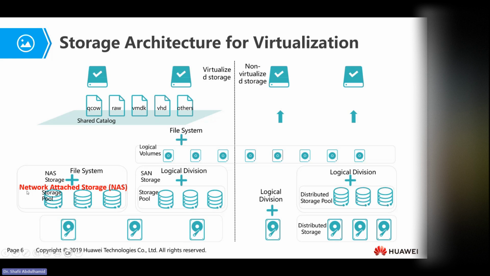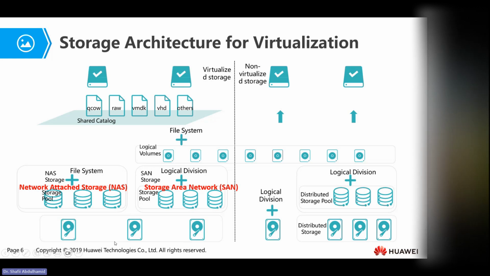I just try to, because the Huawei slide somehow is not very informative. It's mostly diagrammatic illustrations. So I just try to give you the full meaning of NAS, network attached storage, and SAN also means storage area network. That's the full meaning of this.